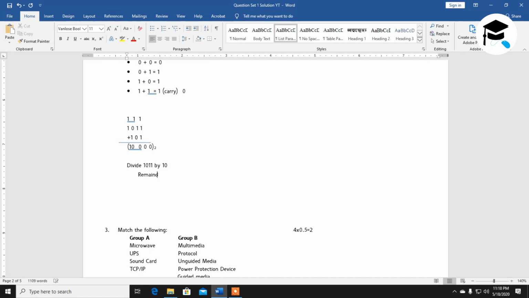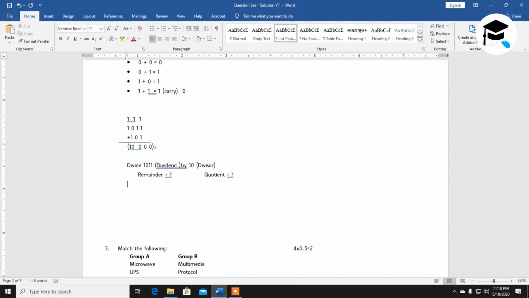We are asked to find the remainder. Normally in a question you will always be asked to find the remainder and quotient. It means the other two terms are given in the question. This 1011 is the dividend, D-I-V-I-D-E-N-D, and the 10 is the divisor. It means with the help of this we need to divide the dividend.